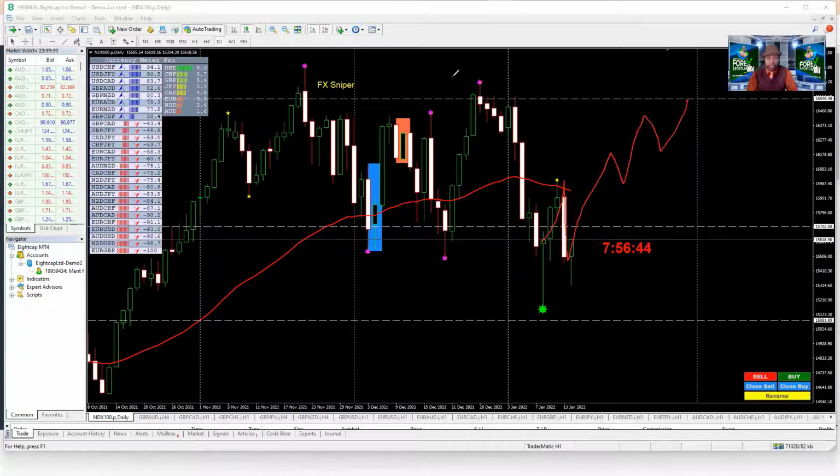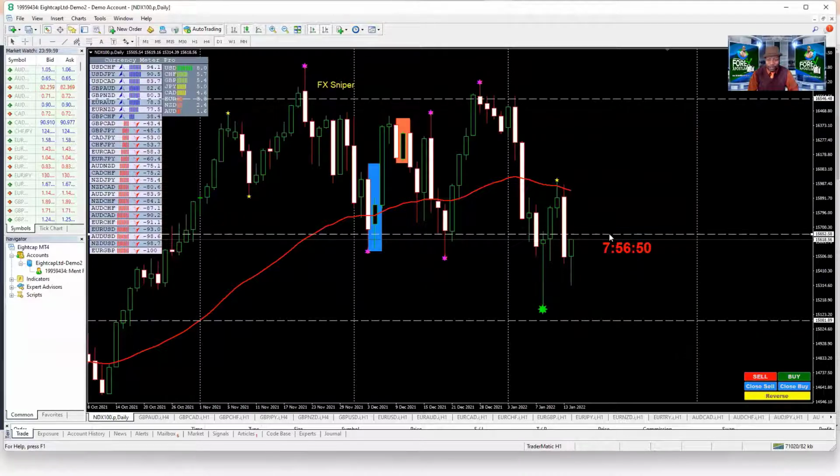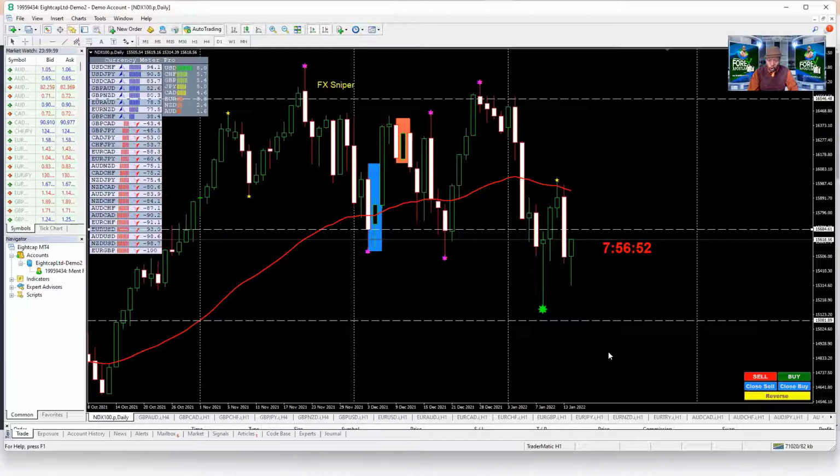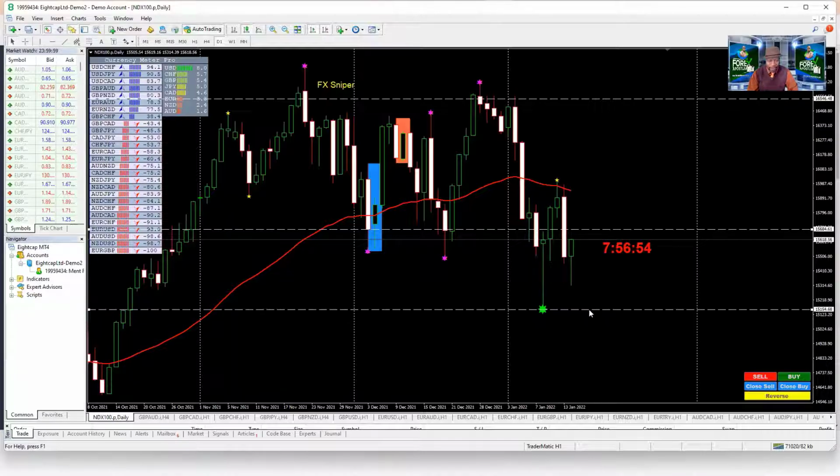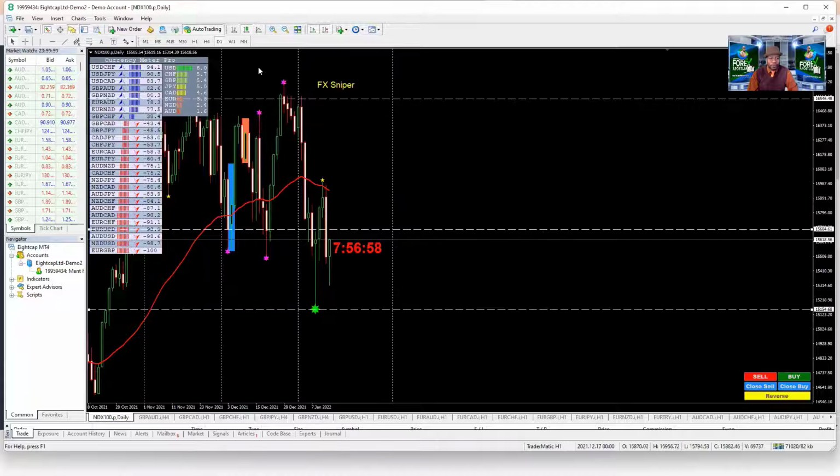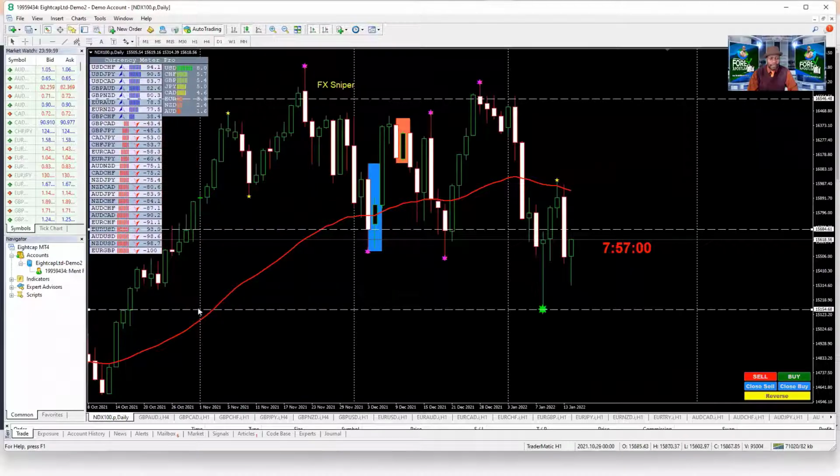That is what I will expect. I am not personally expecting NASDAQ, except anything serious happens, to come below this area. If it comes below this area, then there is trouble, because it means that it will not stop until it eventually gets down.